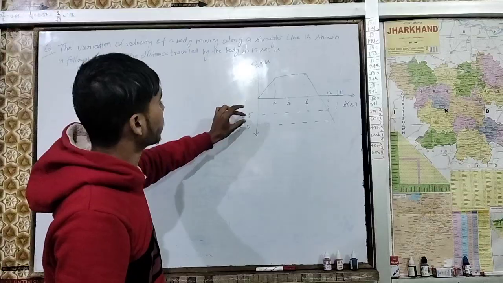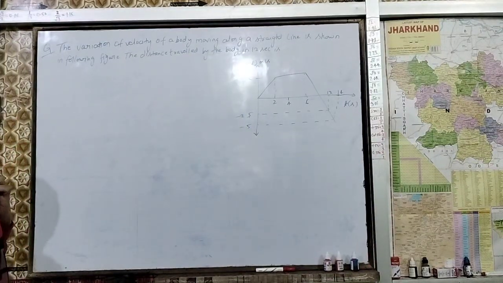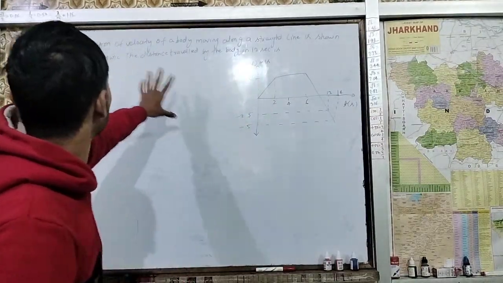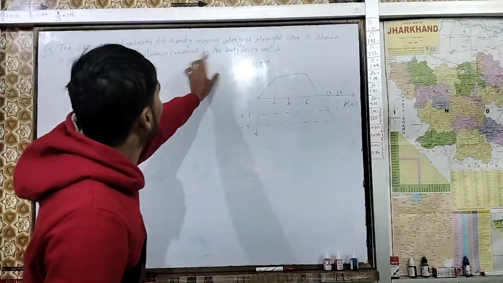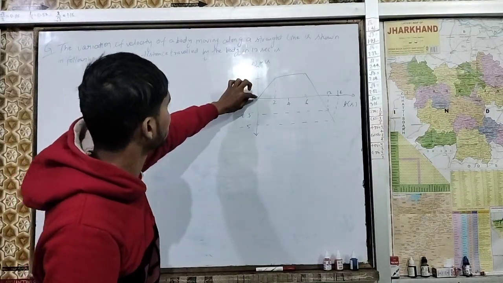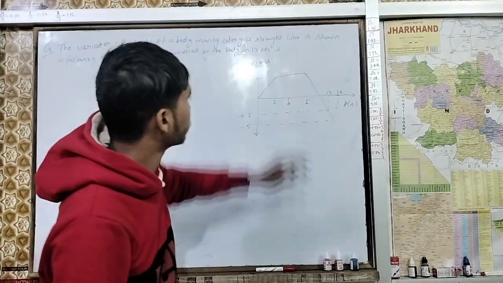Question is asking the variation of velocity, this velocity, this velocity, of a body along a straight line is shown in the following figure. The distance traveled by the body in 12 seconds.